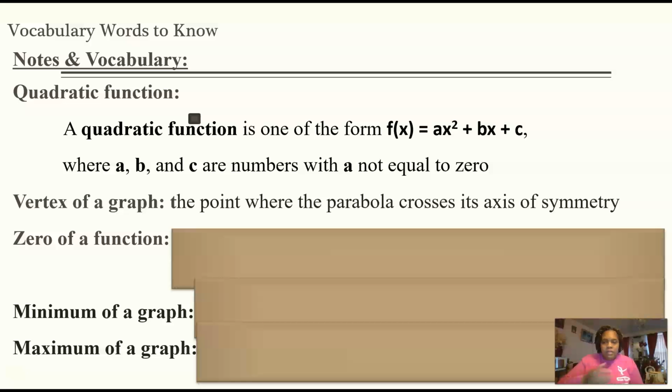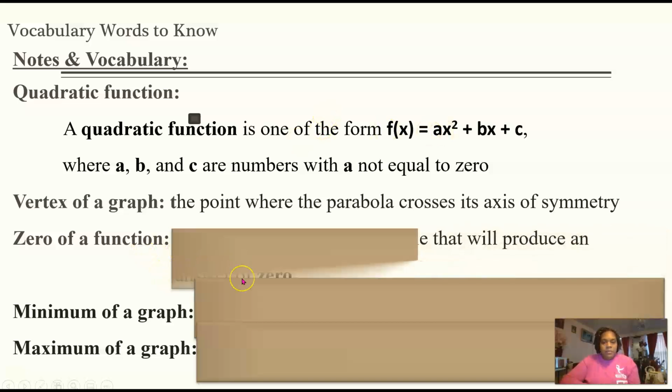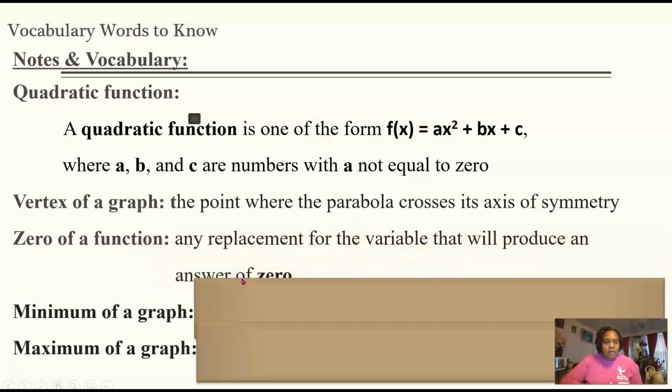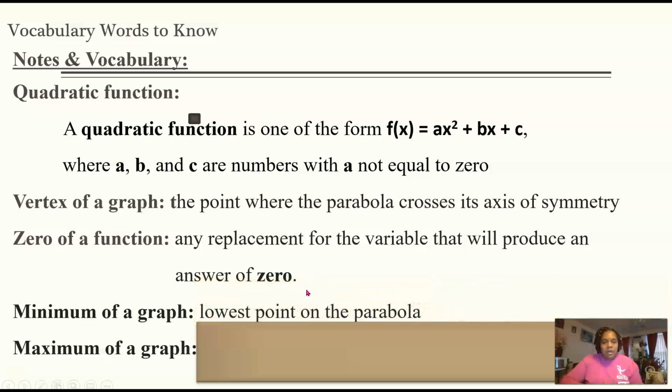Vertex of a graph: the point where the parabola crosses its axis of symmetry. The vertex is the middle of that specific parabola, and we'll go over that. A zero of a function is when any replacement for the variable will produce an answer of zero.